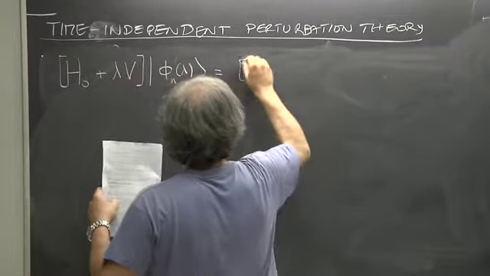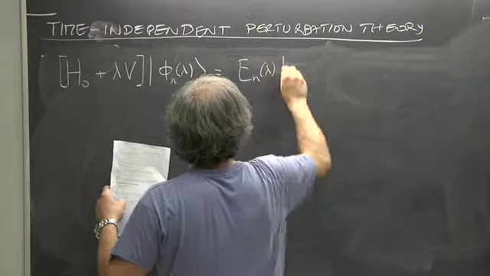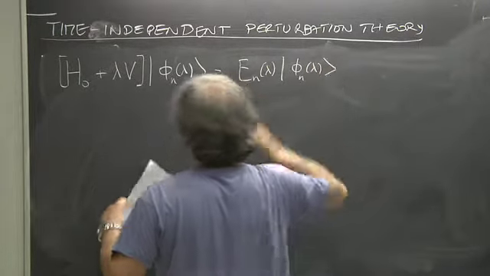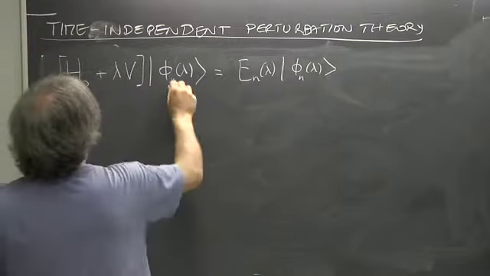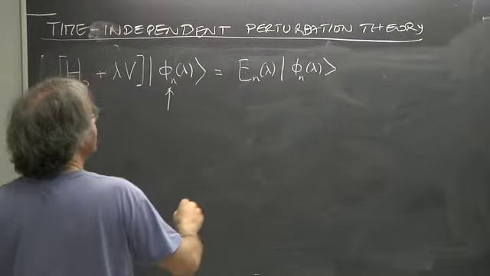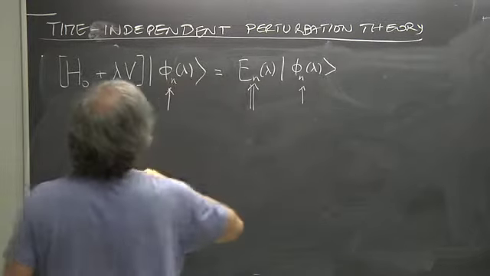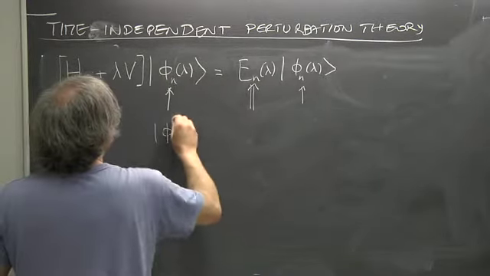should be equal to En(λ) φn(λ). Okay? So let me assume that this object here has some expansion, and similarly this has some expansion. So this should be what?